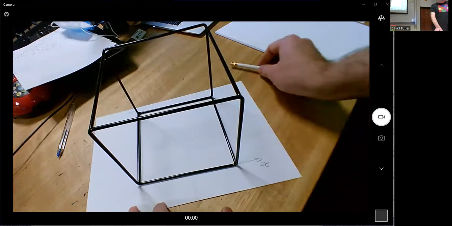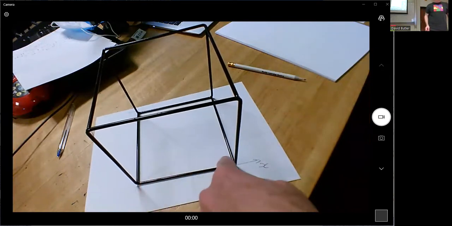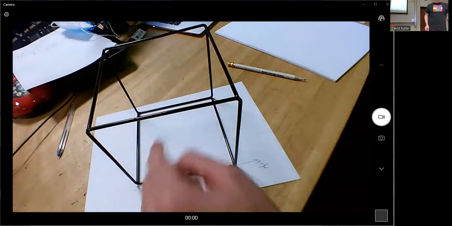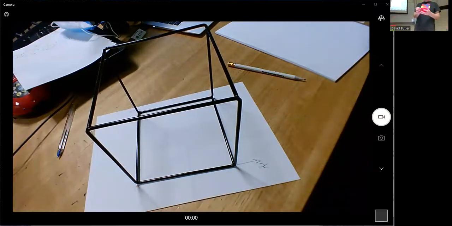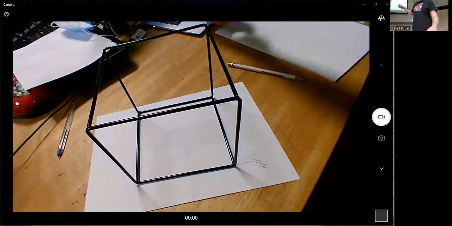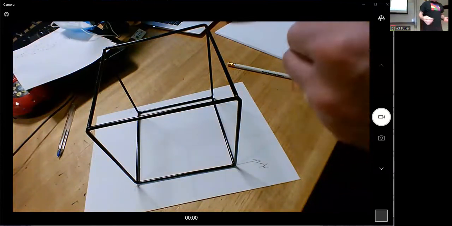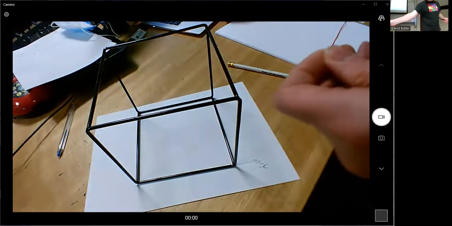Okay, so I have the point 0, 0, 0 just here, and the point 1, 0, 0 here, and the point 0, 1, 0 here, and the point 0, 0, 1 here. And so in terms of my tetrahedron, maybe I won't.